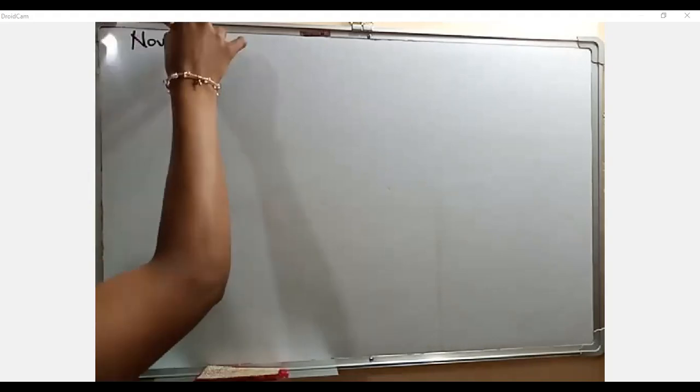November 2015, question number 1. There is question number 1 there. Remember, the examiner will never avoid this area, so always be keen on it. Now, let us go to the questions.